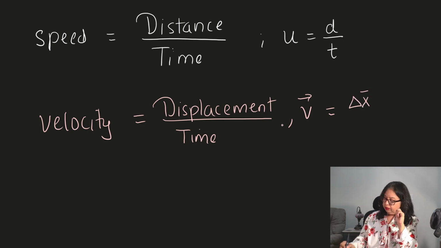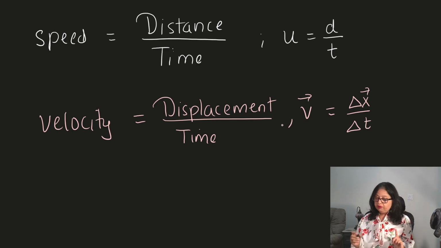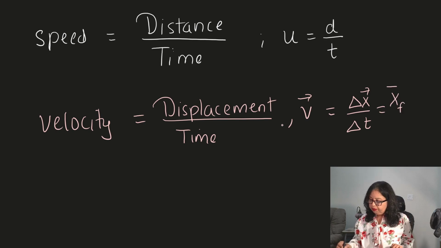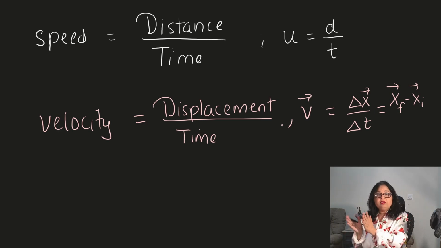And delta x over delta t. What is delta x? That is the displacement. And just for those who might be interested, it might be x_f minus x_i, final position minus the initial position. These are the position vectors, by the way. I don't expect this to make sense yet, but we are going to get into all these things very soon, and when we work on these, I promise it will make sense.